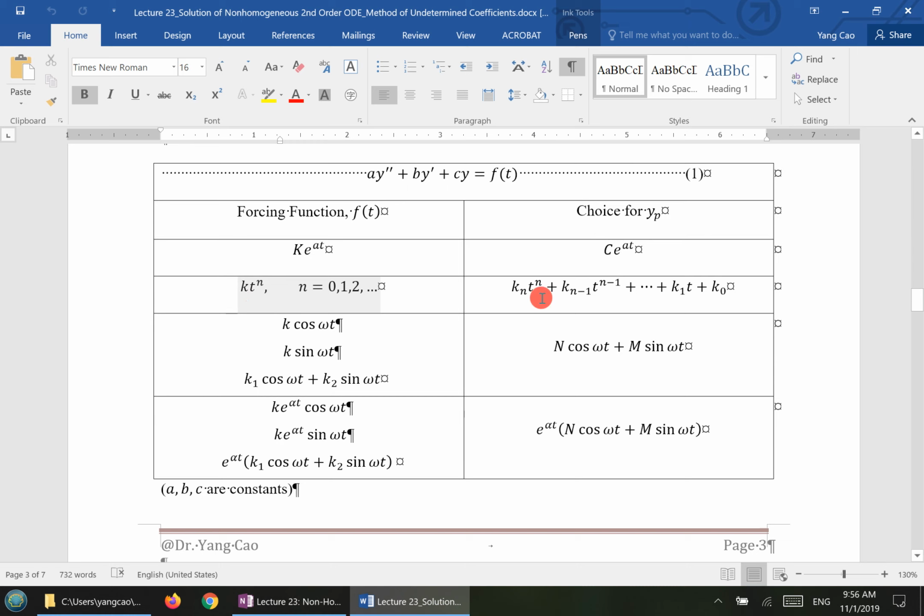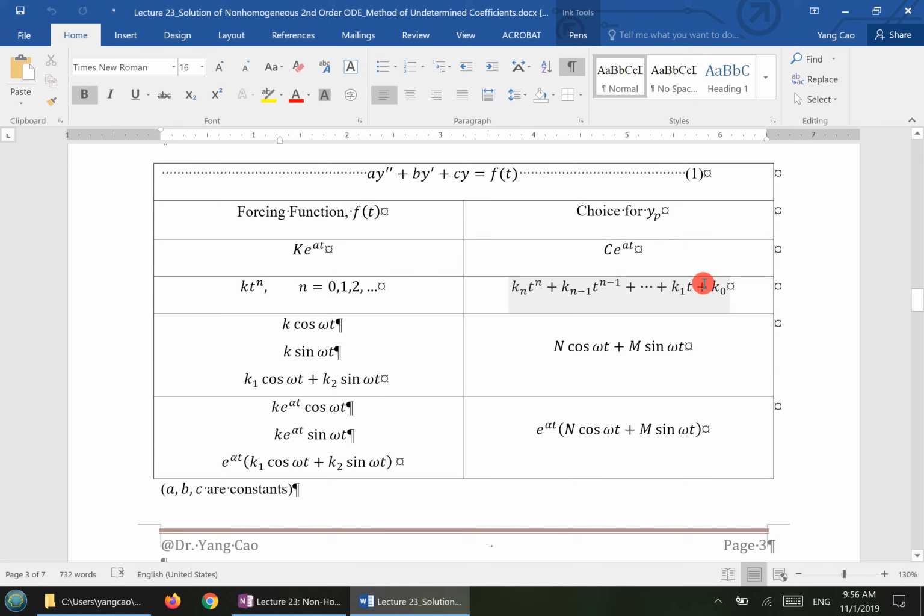So your choice of particular solution yp needs to be kn, n is 2, so k2 t to the power 2, k1 t to the power 1, then plus k naught t to the power 0, which is 1, so plus k naught.